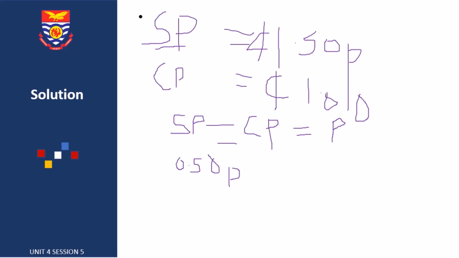If 1 cedi 50 pesos is the selling price, then 100% represents what is on the market. We want to see the additional amount that has been added to it. So 100% of the selling price is 1 cedi 50 pesos, and the profit element is 50 pesos.